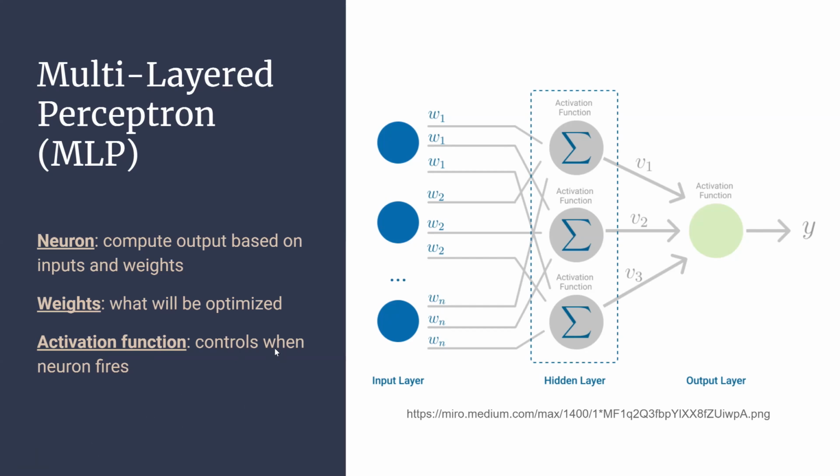Similar to how a neuron fires, you also have an activation function to control when the neuron fires. This is the structure of a multi-layered perceptron, or MLP. You have the input here, which for us will be the image data, and then you have the weights. You have some computation and an activation function too, and after that you get the output layer. So this is its structure.